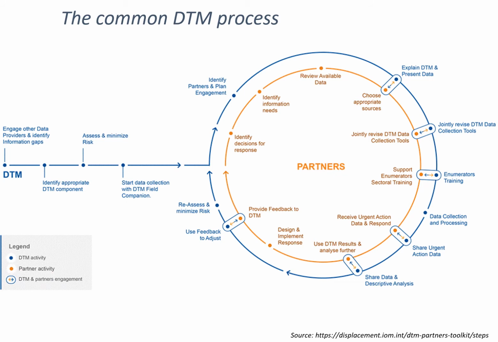There might be some differences in the name of the step. Some actors may prefer not to go through one of the steps because, for example, they're not doing primary data collection, but most of the actors, clusters, organizations are using a similar process. This is the process that DTM uses, and it's important that both DTM and partners are aware of this.